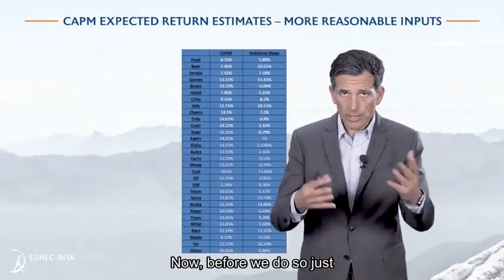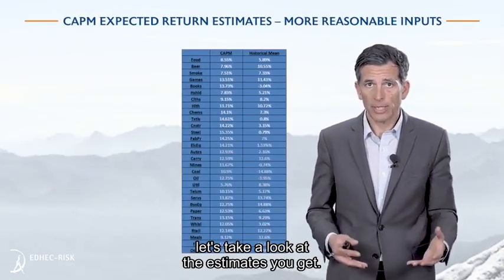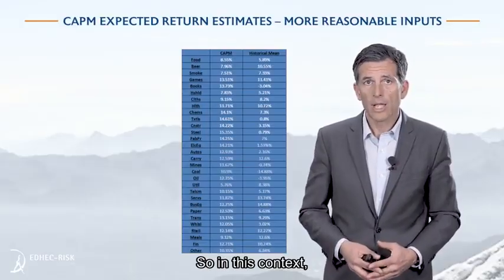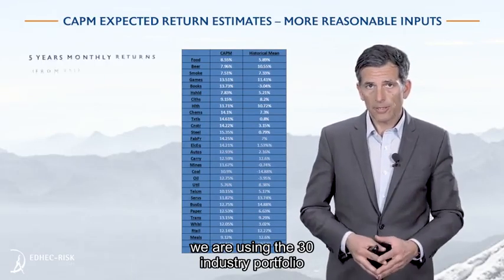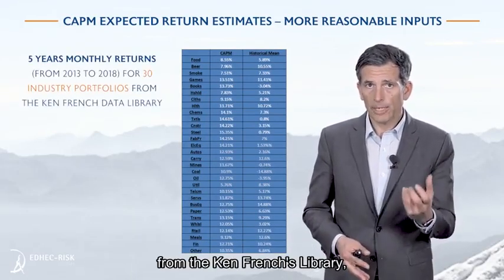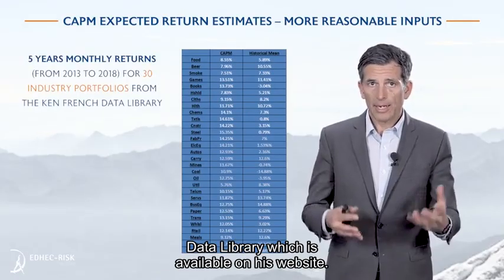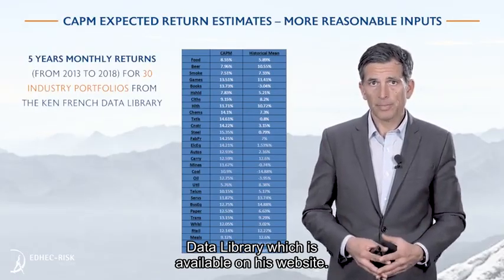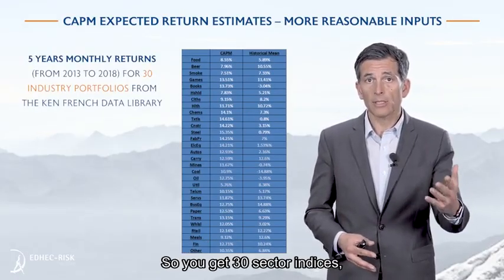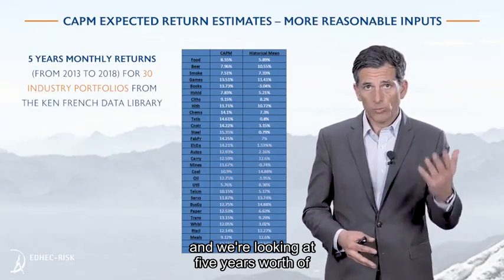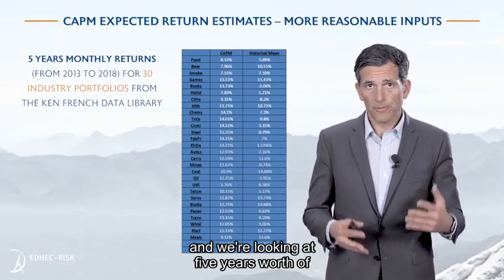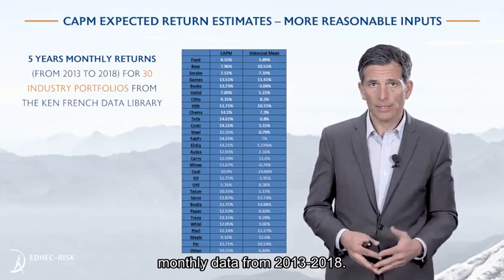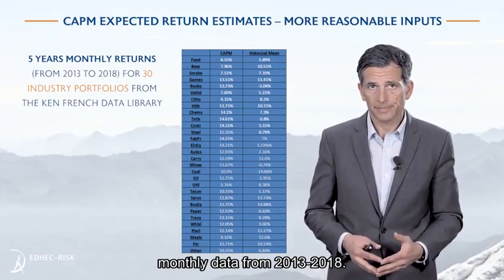Now, before we do so, let's take a look at the kind of estimates you get. In this context, we are using the 30 industry portfolios from the Kenneth French data library, which is available on his website. So you get 30 sector indices. And we are looking at 5 years' worth of monthly data, from 2013 to 2018.